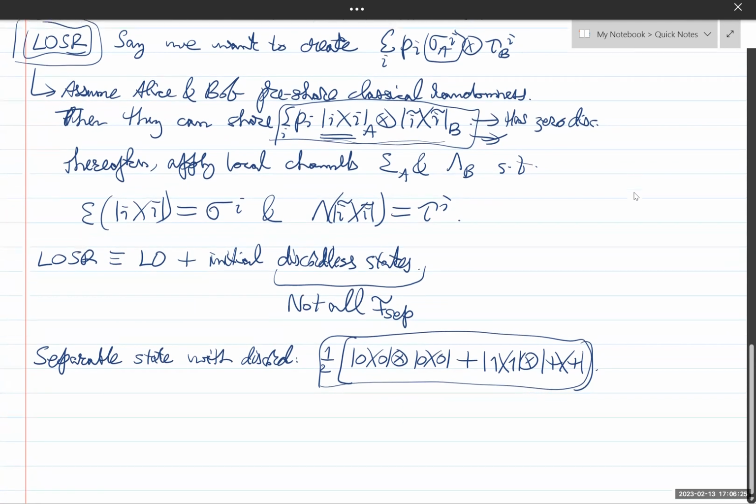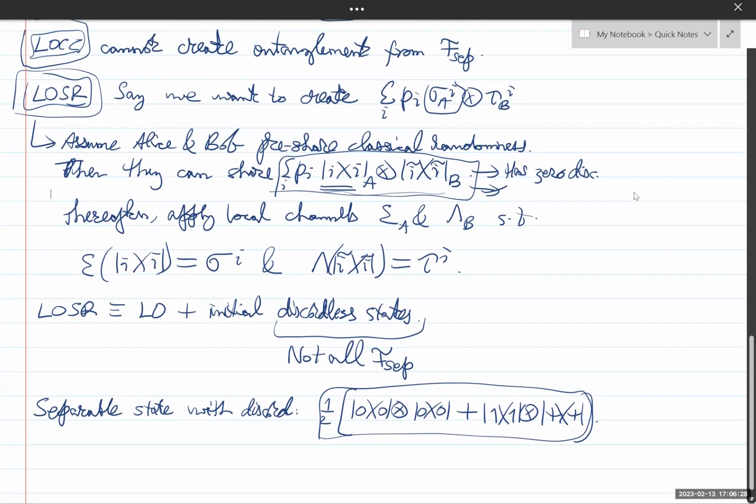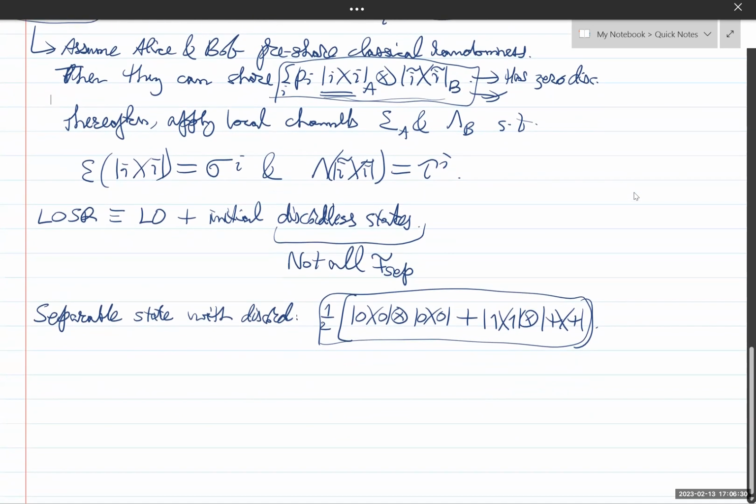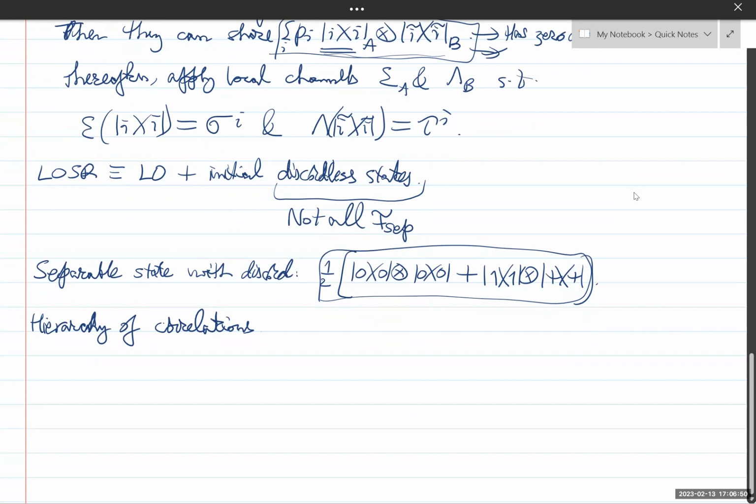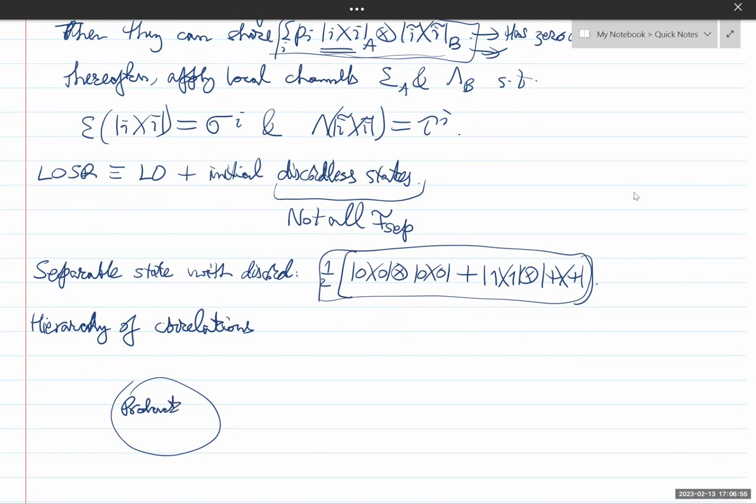It's good that you mentioned this. This is turning out to be a bit of a digression, but I think it's a good one, because you also mentioned non-locality. So it turns out that there is a whole hierarchy of correlations. We have the product states, which have zero correlations.